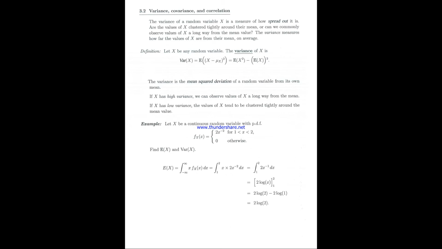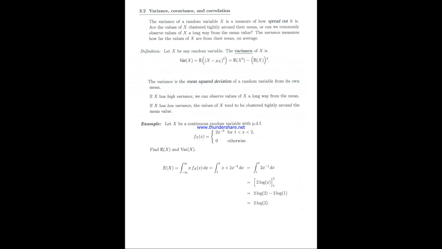If the values of the random variable are clustered tightly around the mean, we can observe a small value for the variance. In the other way, if you have a big spread, if the values of the random variable X are distributed over a big range, you can observe a higher value for the variance.